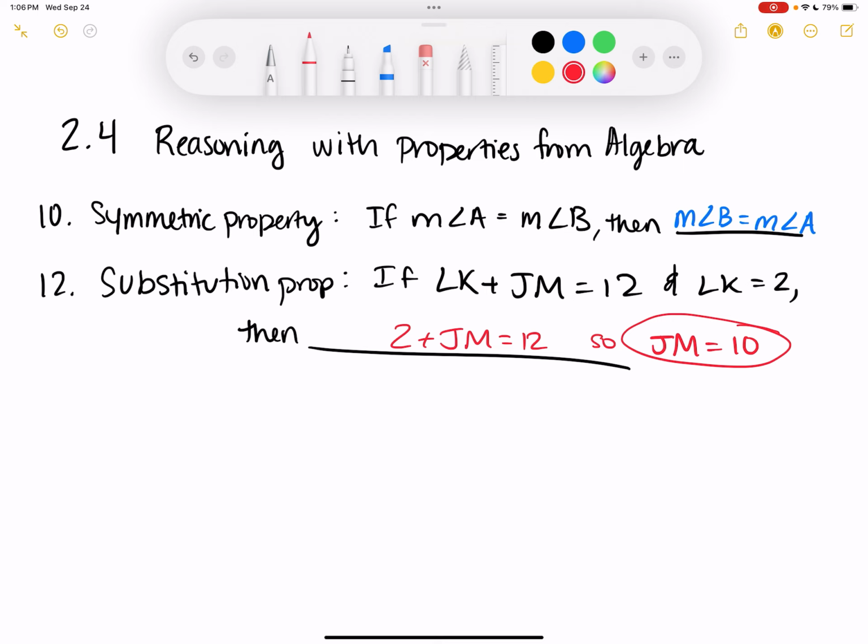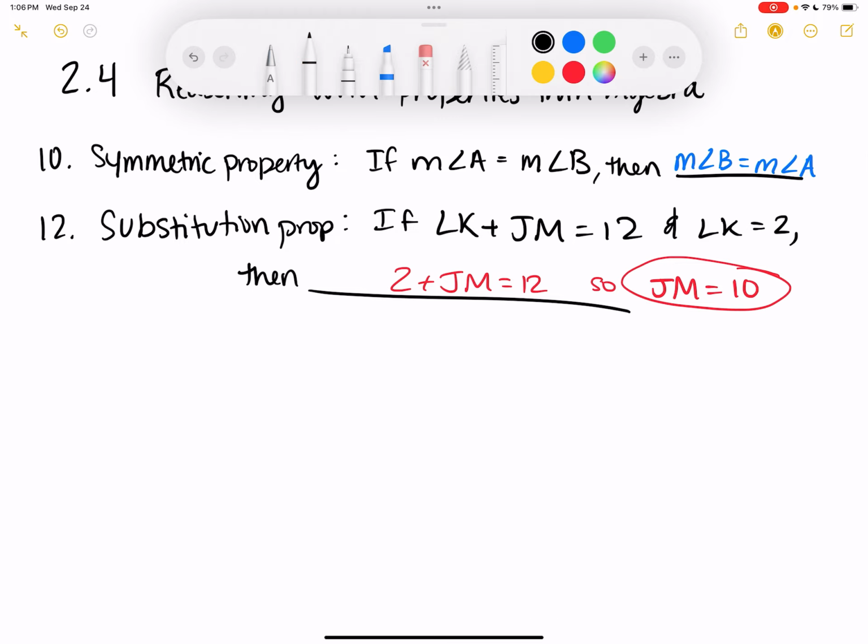All right, the next few problems want us to solve the equation and state the reason. So basically why we're allowed to do the step that we're doing. So 16, p minus 1 is equal to 6. So this is my given.